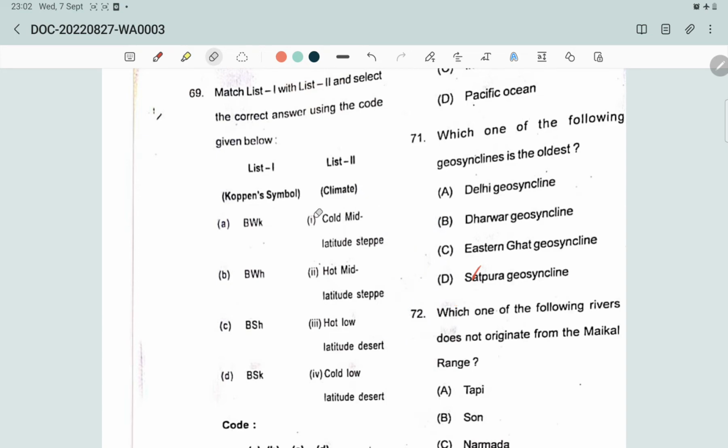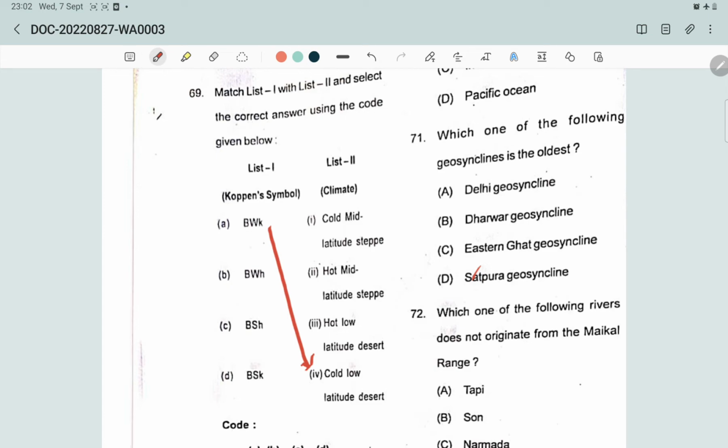And now let's see the symbols. The symbol BW will denote the cold low latitude desert.